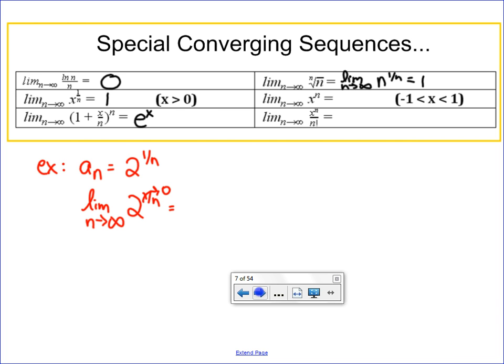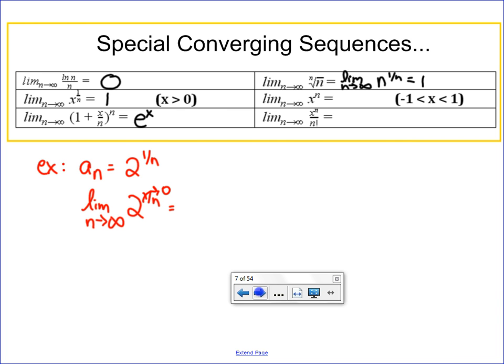x to the n. Now wait a minute, hold on. If this was 2 to the n, or 3 to the n, or 4 to the n, it goes to infinity, divergent, doesn't converge, right? Has no limit. But what if x is in between negative 1 and 1? 1/2 to the n, 3/4 to the n, 5/6 to the n, negative 3/4 to the n. 1/2, 1/4, 1/8, 1/16, 1/32, 1/64, 1/128, 1/256, 1/512, 1/1024.